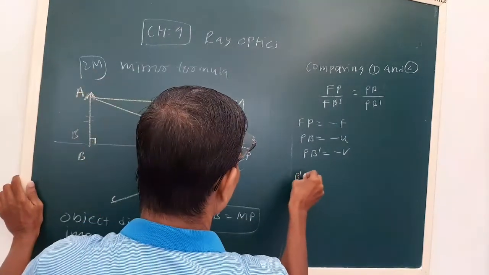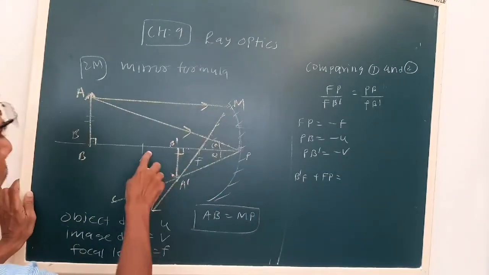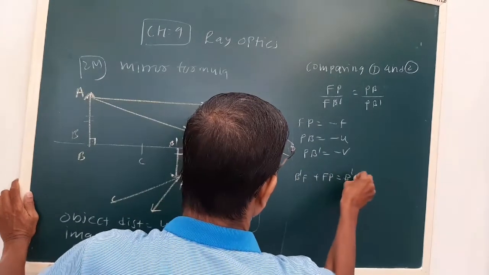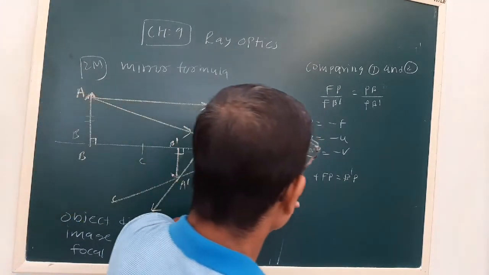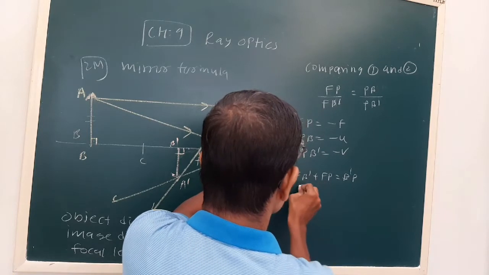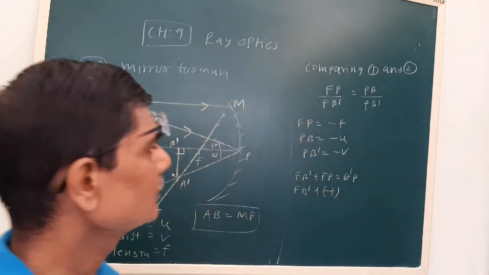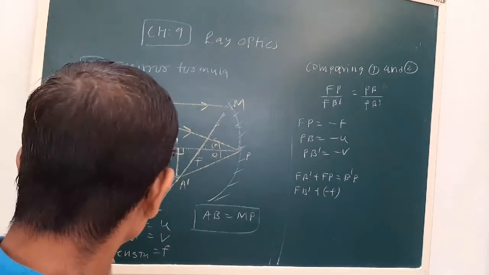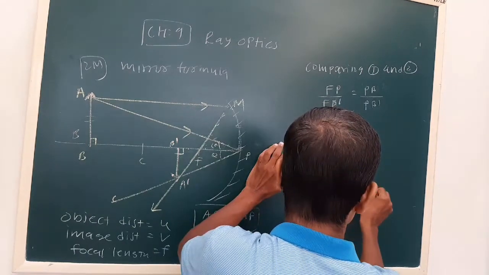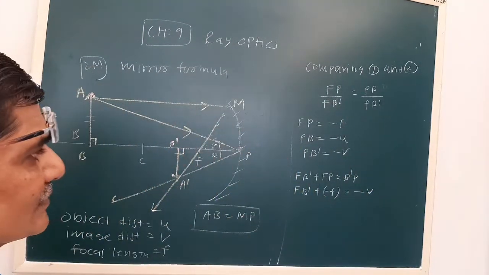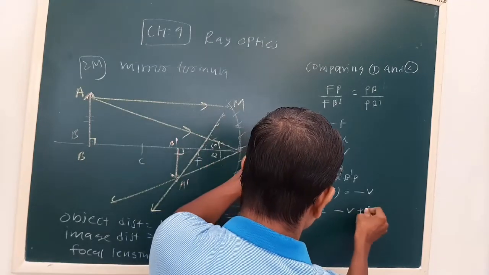So we can say B'F plus FP is equal to B'P. FP is focal length minus F, and B'P is an image distance, that is minus V. So FB' will turn out to be minus V plus F.